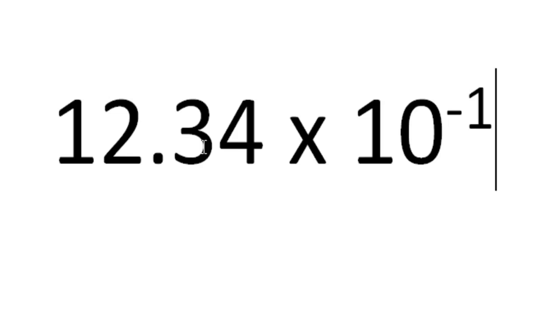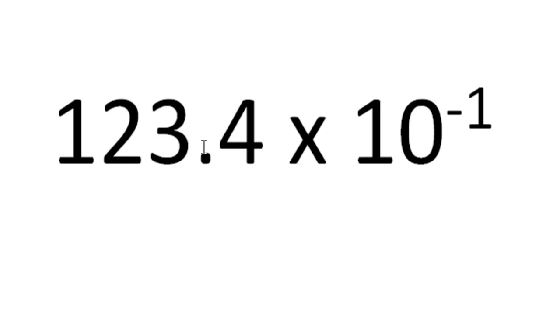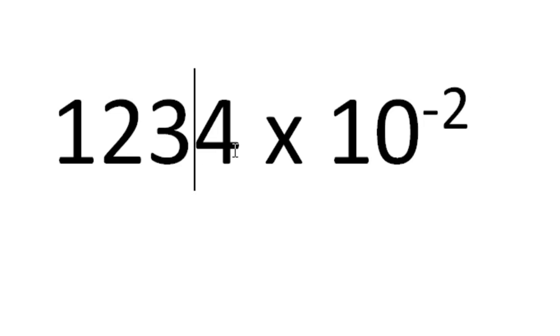Well, we'd have to move it to the right, to here, to make the same value as 12.34, because by multiplying by 10 to the minus 1, we're actually multiplying by a tenth. That is, we'll be moving it 1 back. If I put here minus 2, we've changed the number by really a factor of 100. So now it's 1234 times 10 to the minus 2.